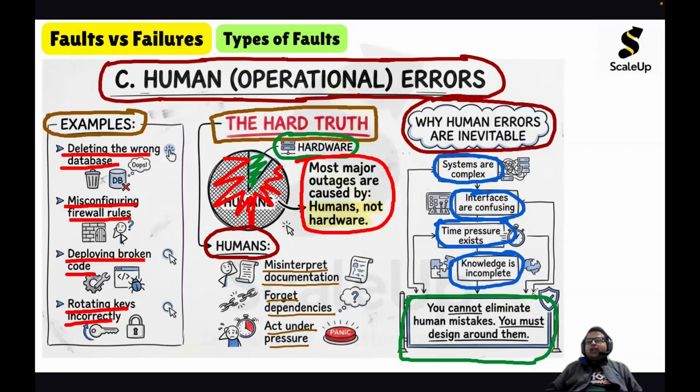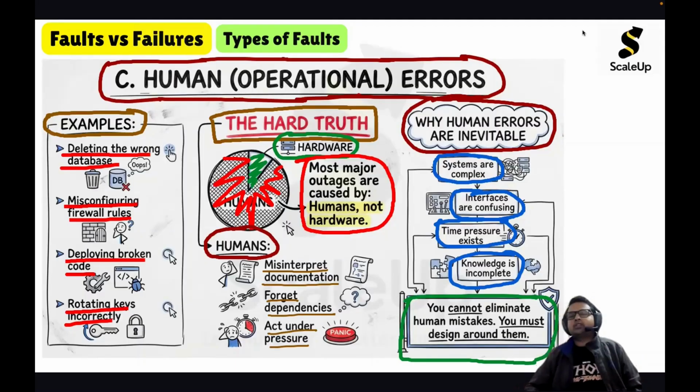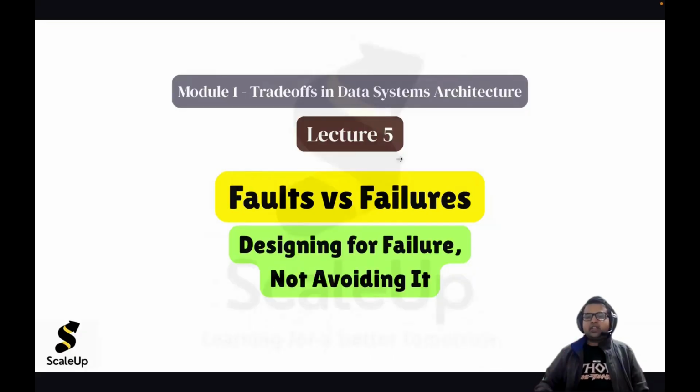Any system design we are doing, we must assume that humans will make mistakes, and we have to handle those mistakes gracefully. And that is what system design is all about: designing for failure, not avoiding it.